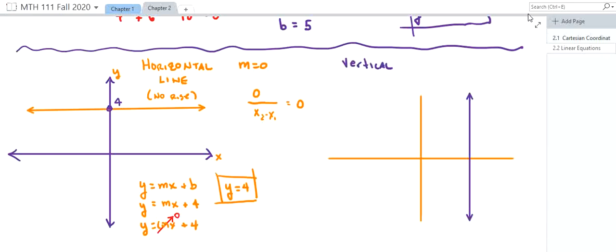What if our line is vertical? Maybe we cross at x equals 5. Vertical line. Well, here we have no run. The difference between our x values is 0. So now we have, for a slope, rise over 0.